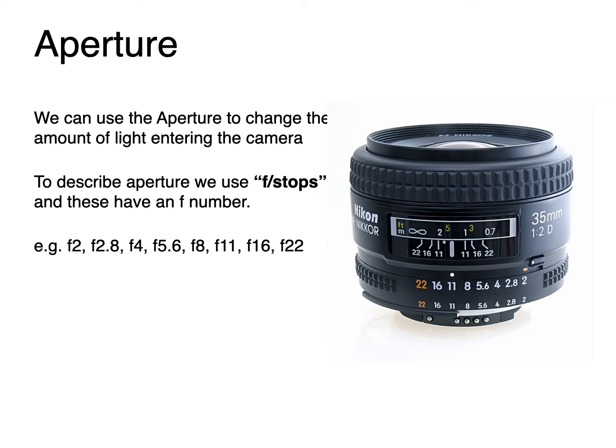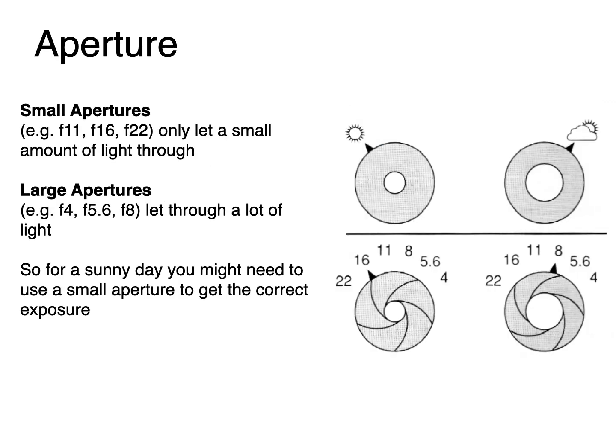Apertures can be classified as small apertures and large apertures. For example, f11, f16, and f22 are small apertures that only let a small amount of light through. It's quite opposite: if the numbers are more, then it's a small aperture.